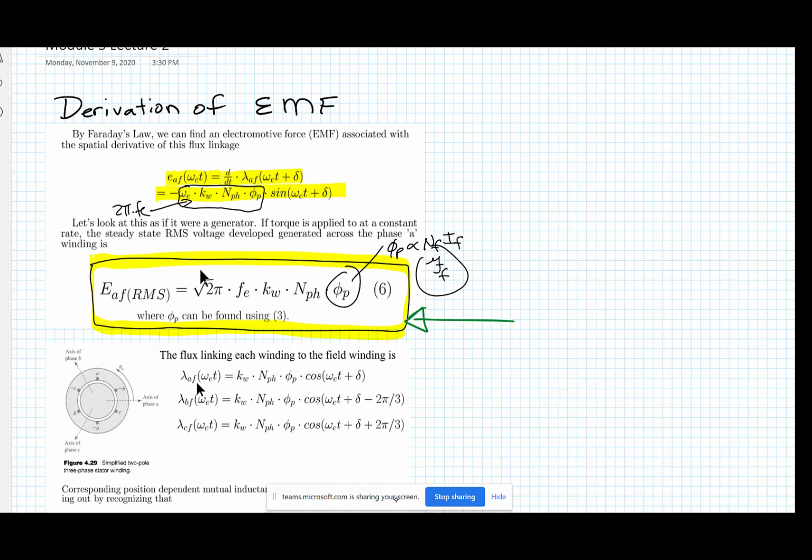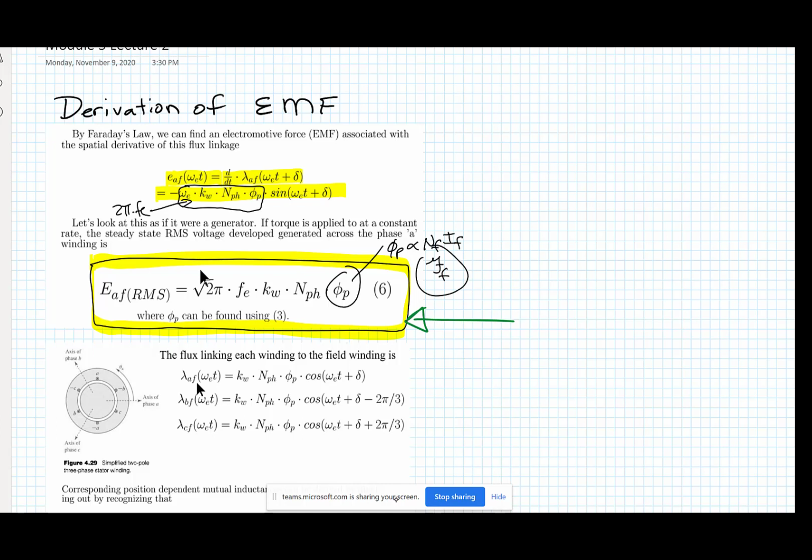This is the equation that I still have on a sticky note above my desk, because I used to design generators, and even with my master's degree, I hadn't taken a class like this. I used this over and over and over again.